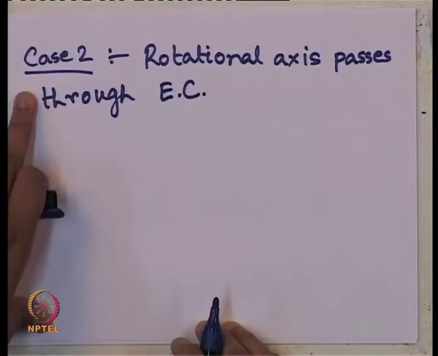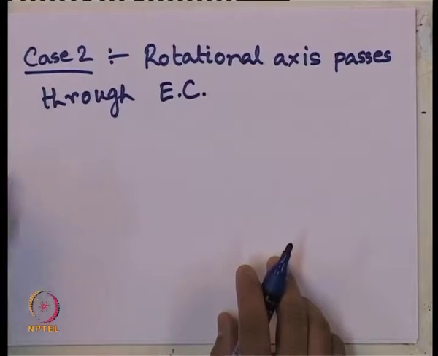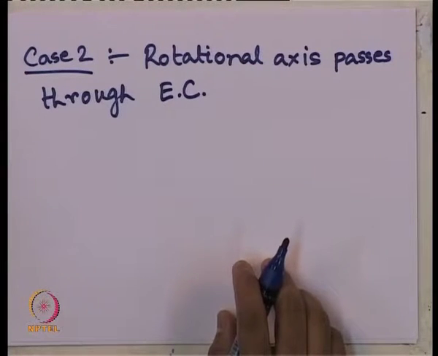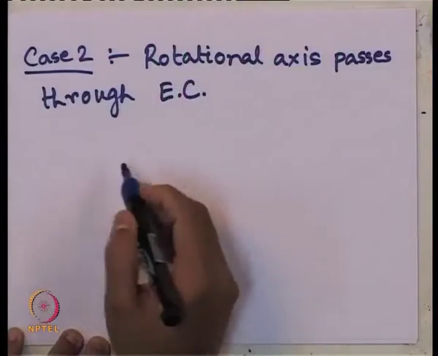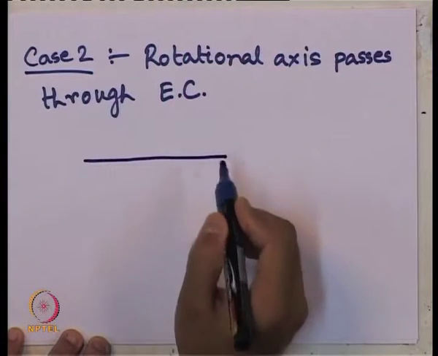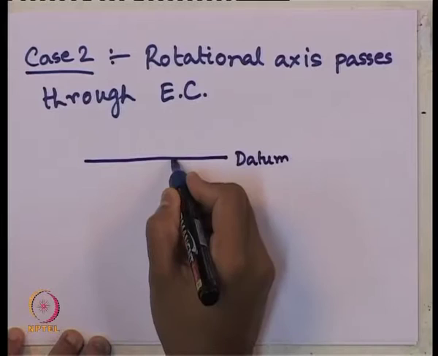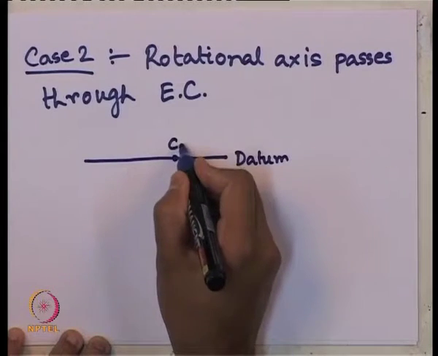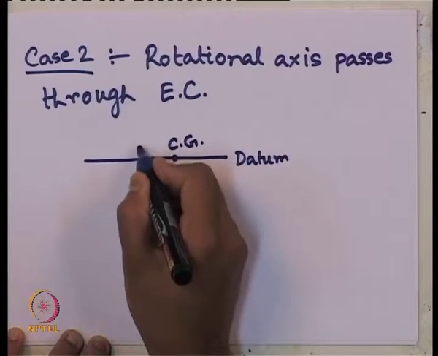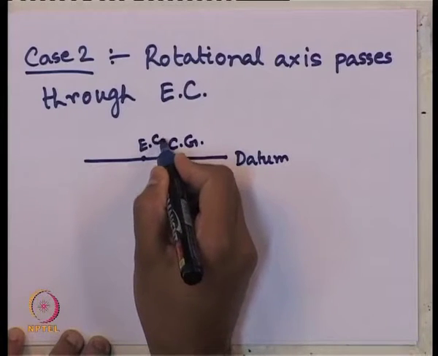The first case we had considered the rotational axis passes through the center of gravity. In this case, we are considering the rotational axis passes through the elastic center. So, how will the free body diagram look? Let us see. Now, we have the datum, this one. We had our CG of the beam here and the elastic center is somewhere here, EC.